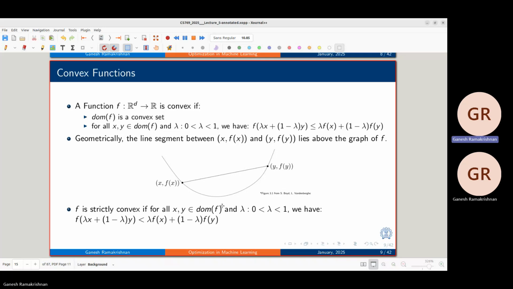The epigraph is one dimension higher than the original space. So if the function was defined on x in R2, this epigraph is in R3.